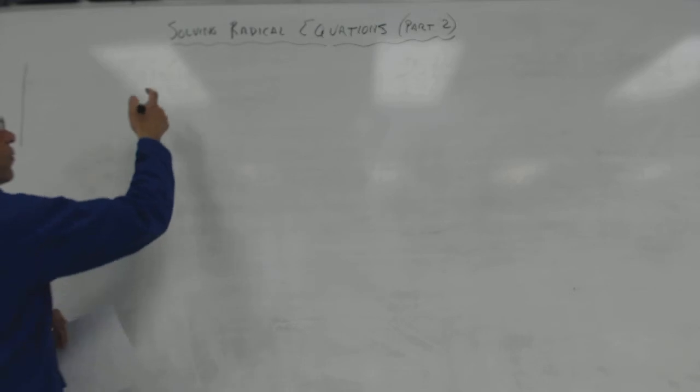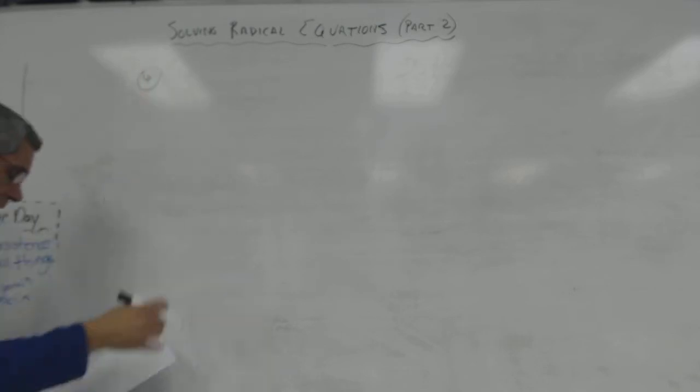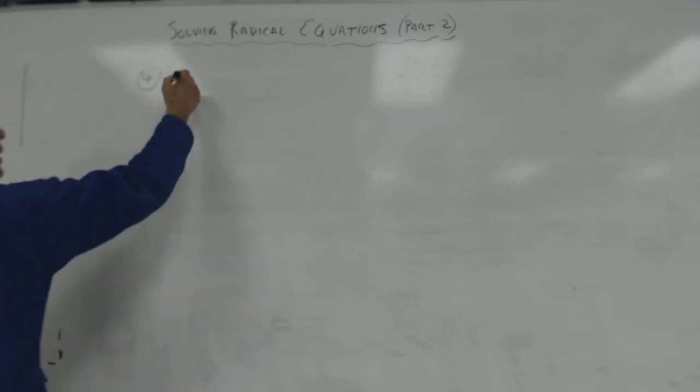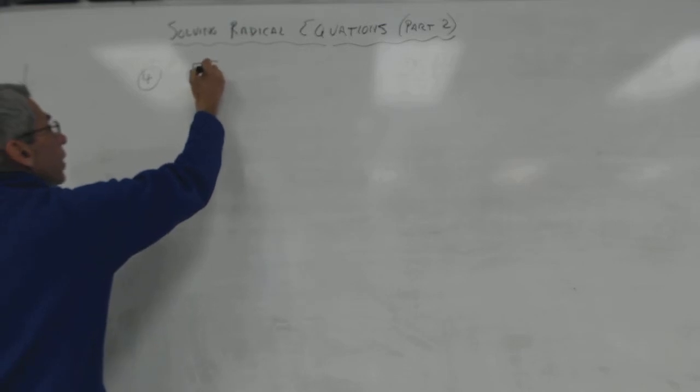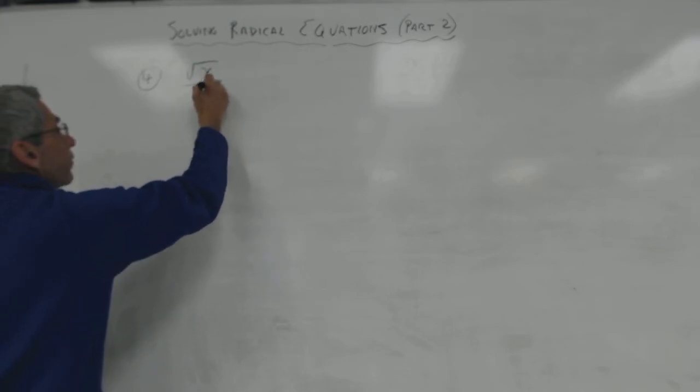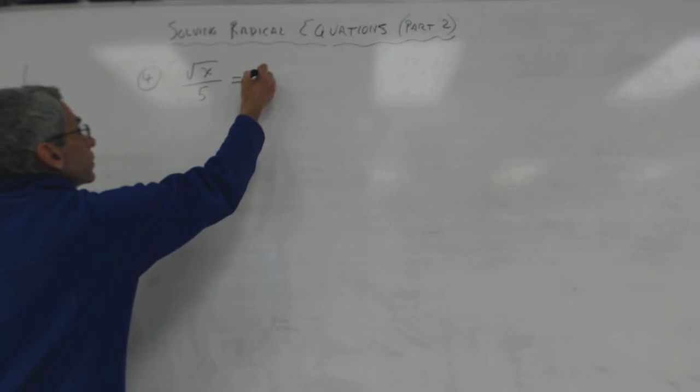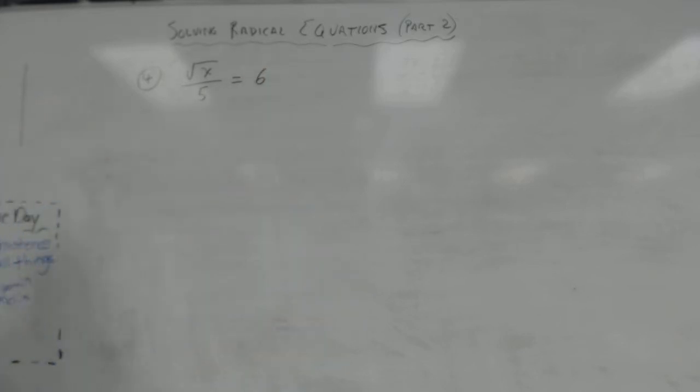We're on 4, right? Yeah, 4. What if I gave you something like this: the square root of x over 5 equals 6. Would you multiply by 5? Why?